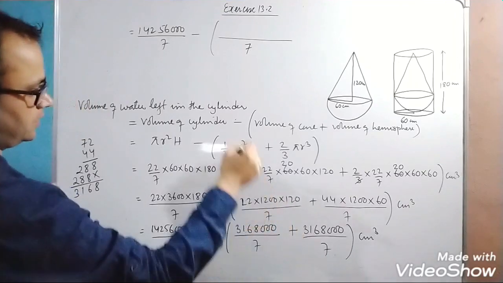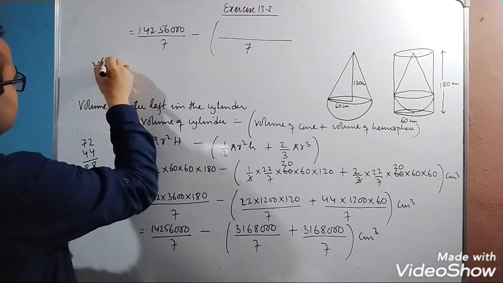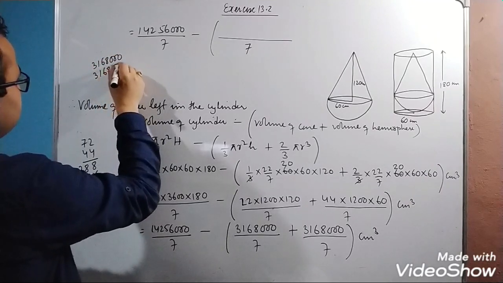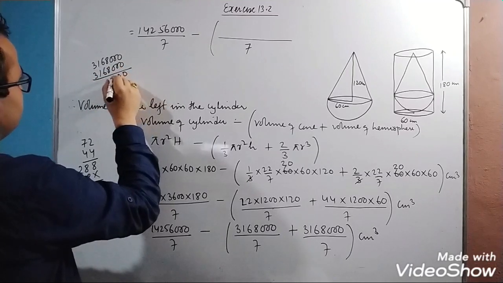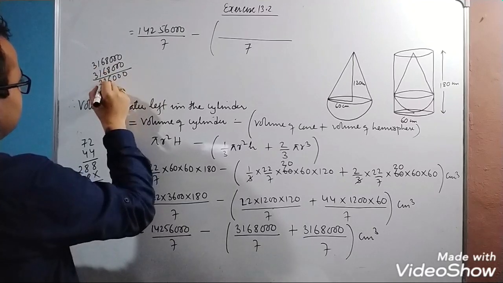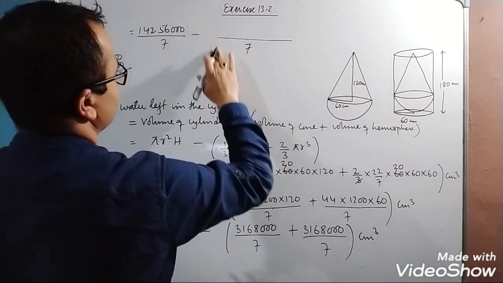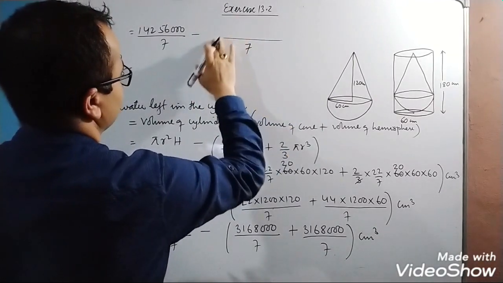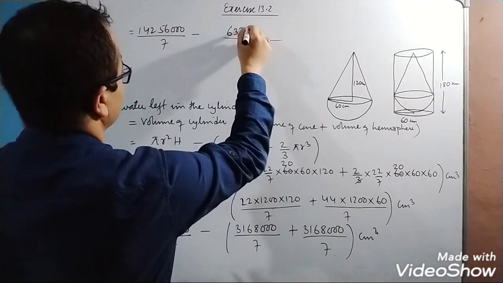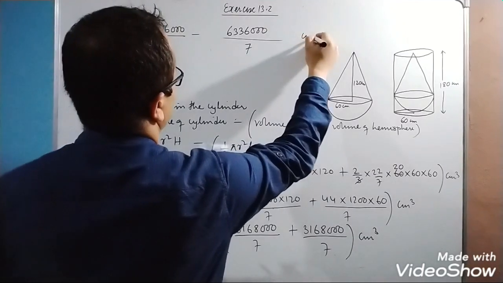Now these two are the same, so we can add 3168000 and 3168000. So this equals, we can directly write 6336 centimeter cube.